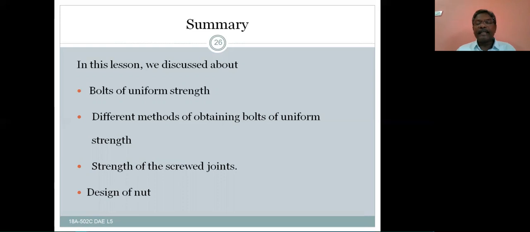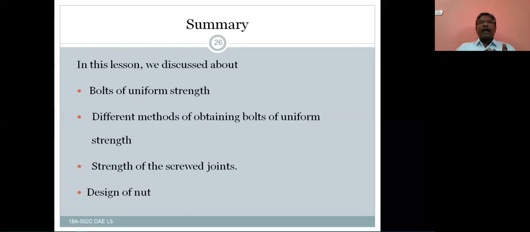And the next is design of nut. How to design? In order to design the nut, first we have to make the shear strength equal to the tensile strength. So shear strength is equal to pi d t into tau into n, where d is the nominal diameter, t is the thickness of the thread, tau is the shear stress induced in the thread, and n is the number of threads.